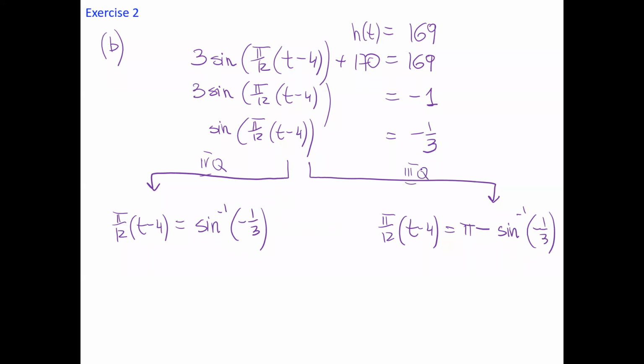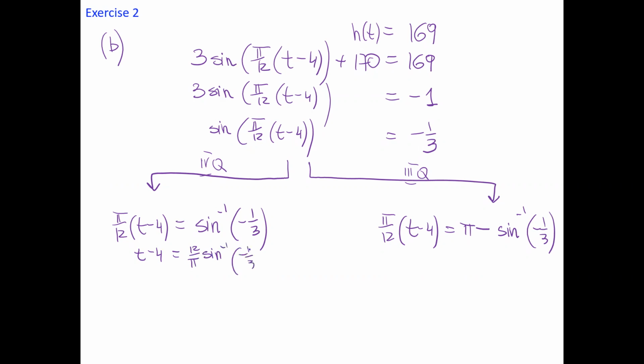Now let's solve this equation for t. First of all, we can multiply both sides by the reciprocal, 12 over pi.